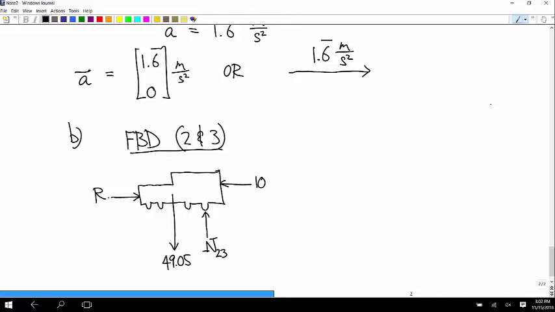Any questions about that setup? Okay, so Newton's second law says, so this force R is in the positive x direction.